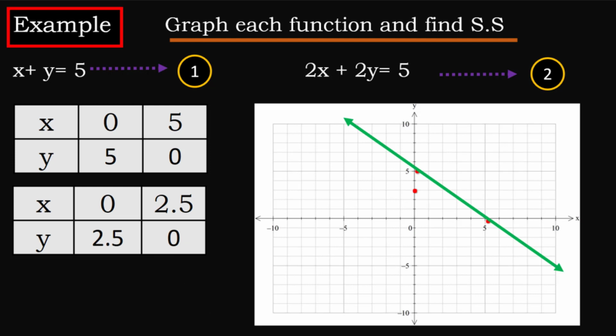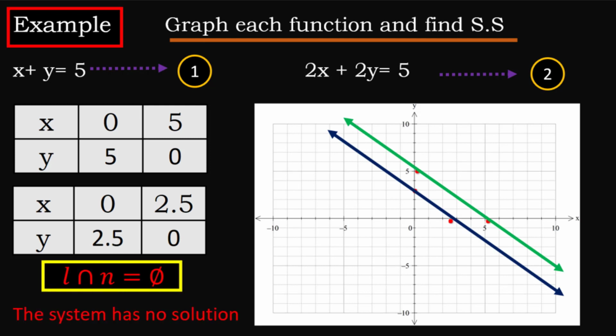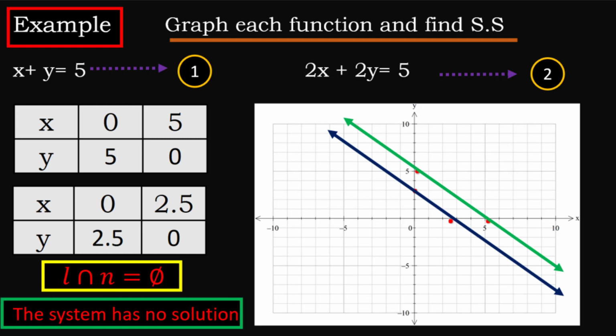Plot the two points and draw the line. So we have two parallel lines. If the two lines are L and N, we can say that L intersect N equals phi. We deduce that the system has no solution.